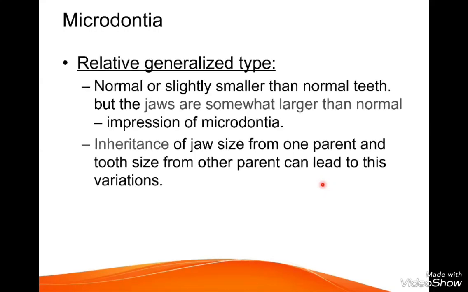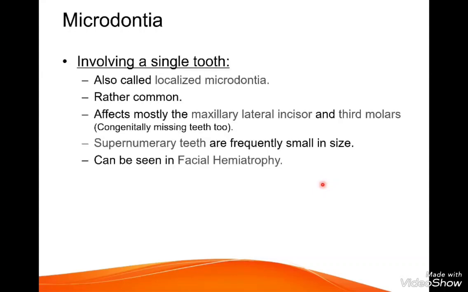And relative generalized type, here, the teeth size might be normal or slightly smaller than usual, but the jaw size is excessively large, which gives an impression that the teeth is smaller. So this happens when inheritance of teeth size is from one parent and inheritance of jaw size from the other parent. So clinically, microdontia can be seen through excessive spacing.